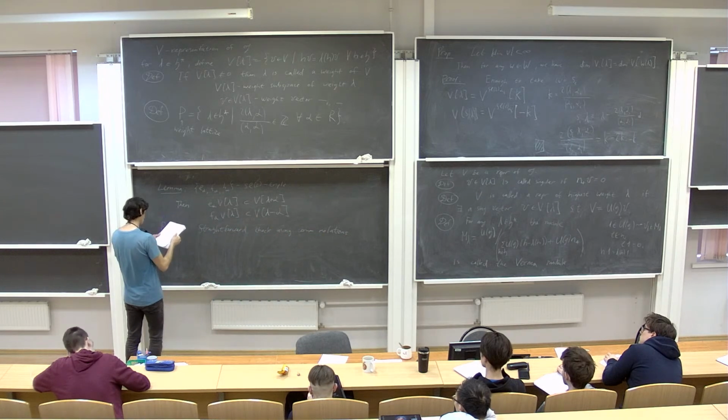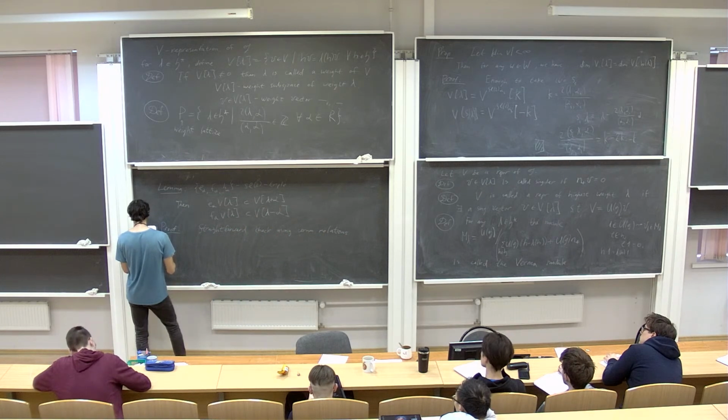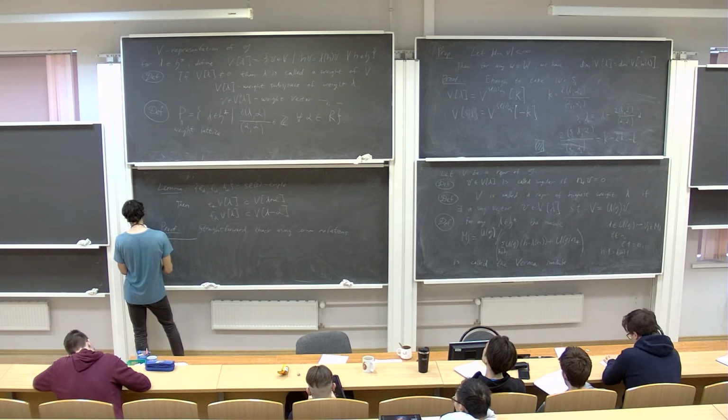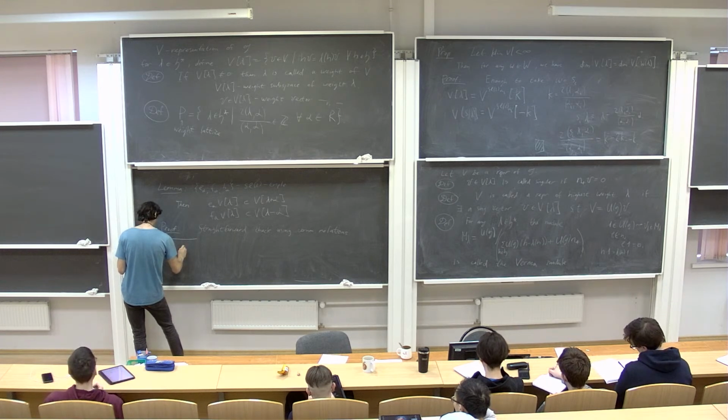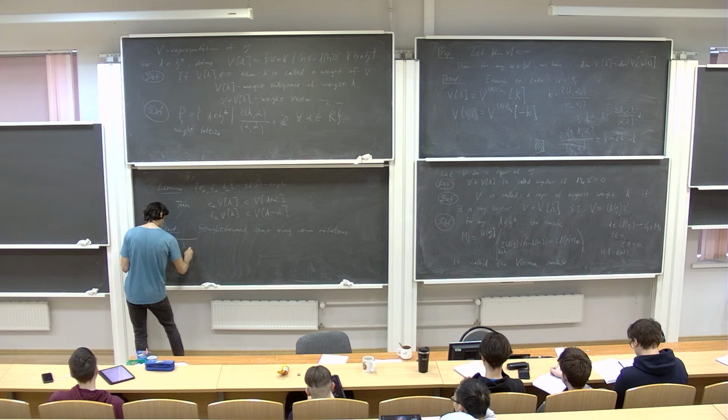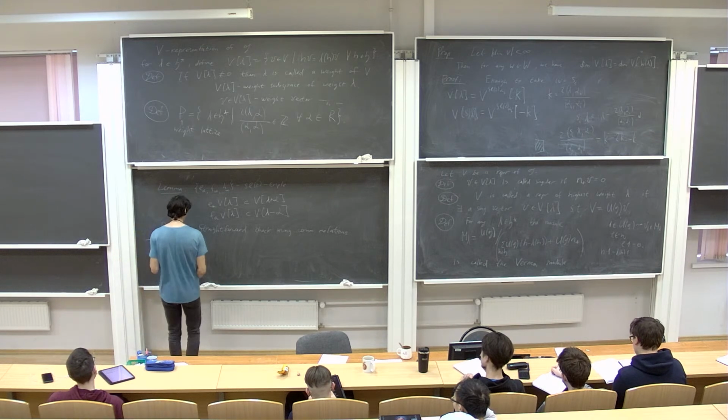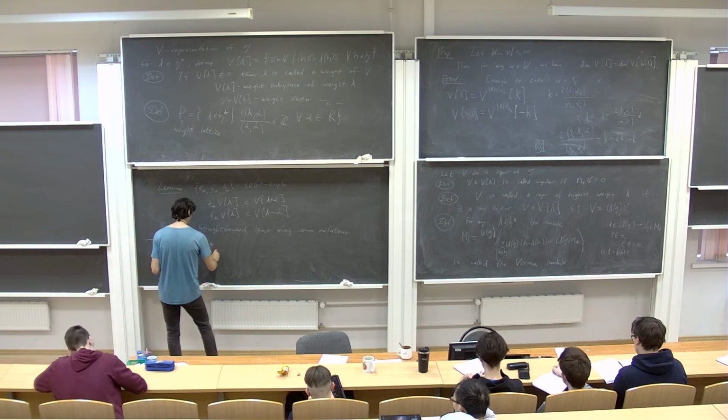But this motivates us to introduce the following partial order for two elements, lambda and mu, in H star.